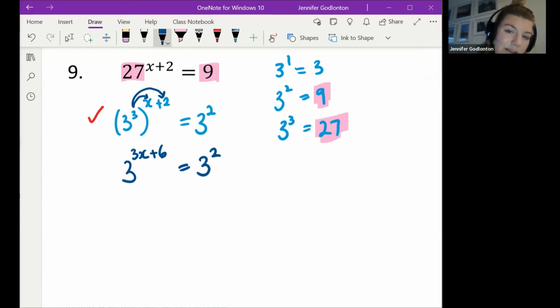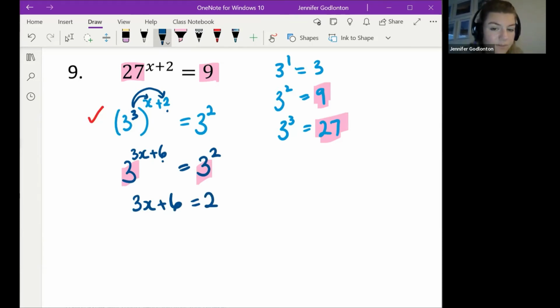All I did was take this 3 over here and multiply it by the x. That gave me my 3x, and then I multiplied it by my 2, and that gave me my 6. Now we're at the place where our bases are the same as each other, and so now we can say our exponents are the same. So we can say 3x plus 6 is equal to 2.